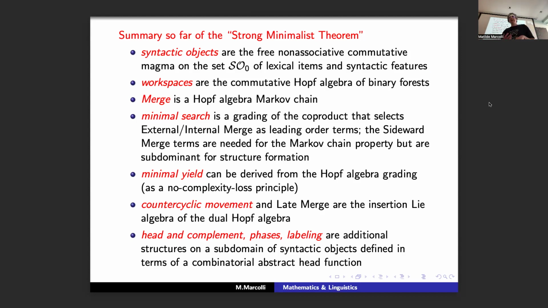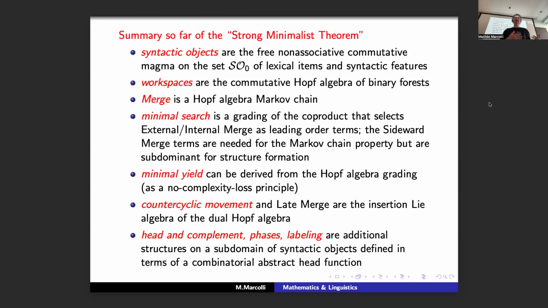The minimal yield and constraints on size of workspaces can be derived from the algebra grading, as this kind of complexity loss principle that I described. What is referred to as countercyclic movement, the kind of things like late merge, they are the insertion Lie algebra that is dual to the Hopf algebra.